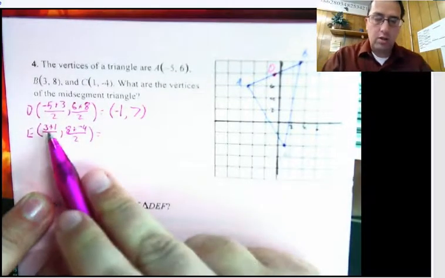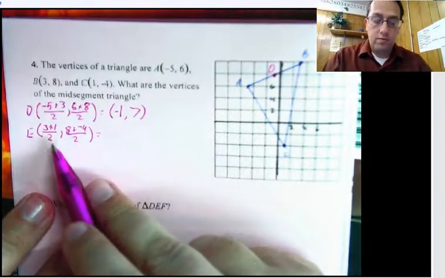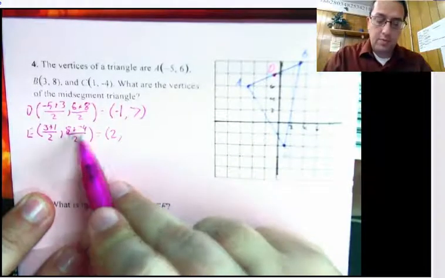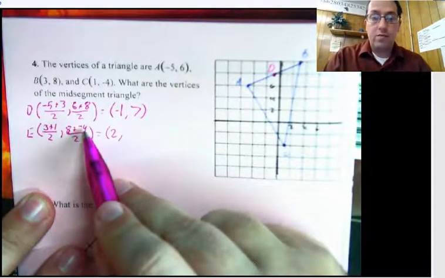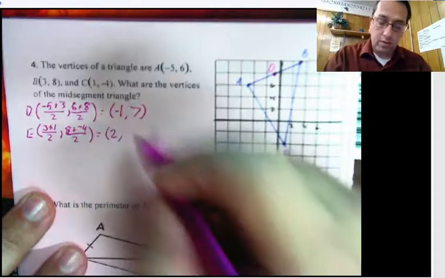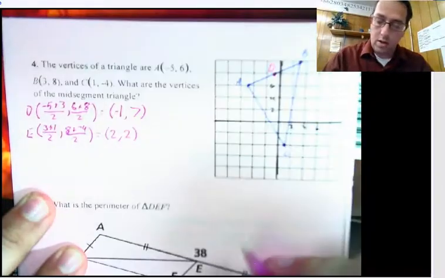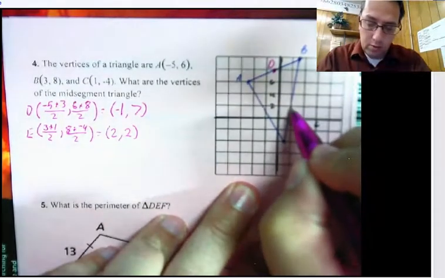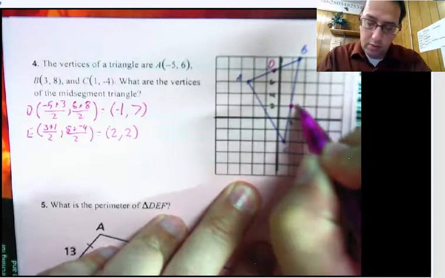Okay, so 3 plus 1 is 4. 4 divided by 2 is 2. 8 plus -4, so 8 minus 4 is 4, divided by 2 is also 2. All right, so our next point is at 2, 2, right here, and that is point E.